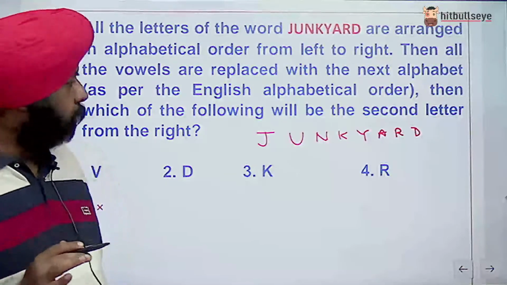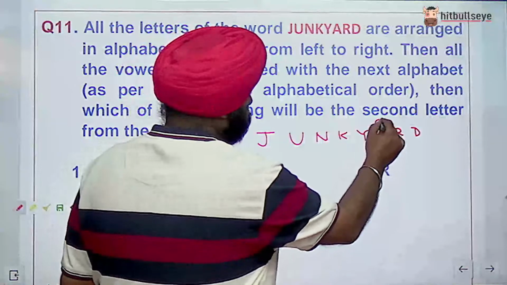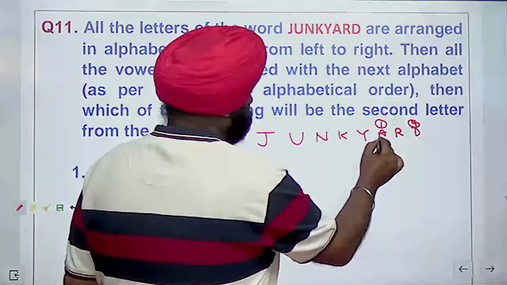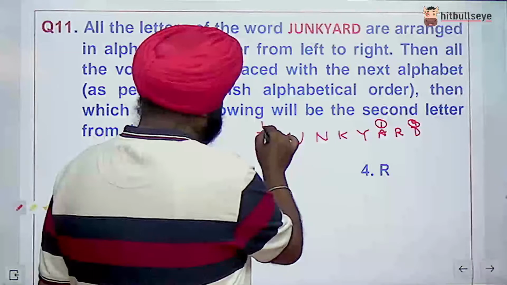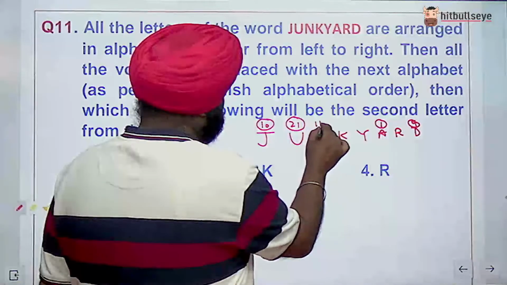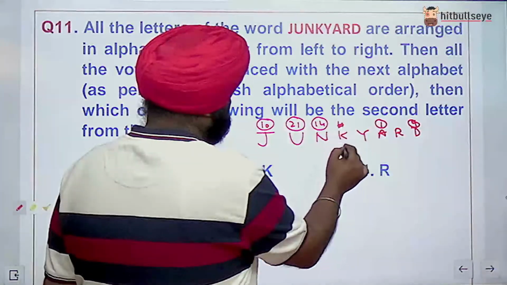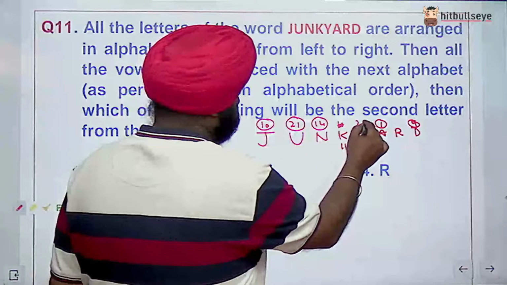EJOT is the position of the English alphabet. So this is 1, this is 4, this is 10, this is 21, that is 14, this comes at the 11th position, and Y comes at the 25th position.